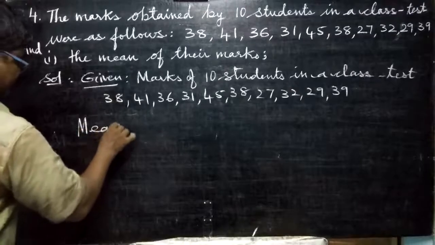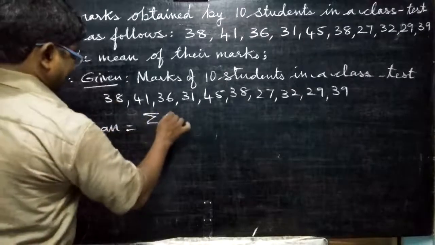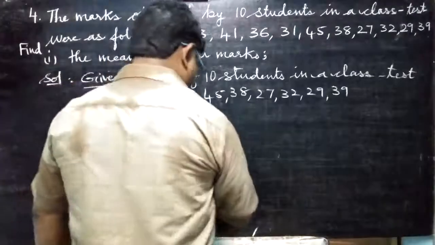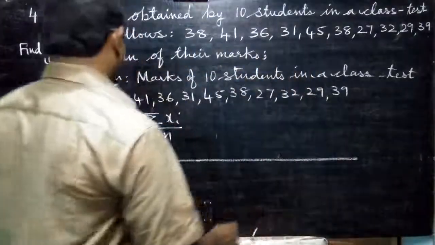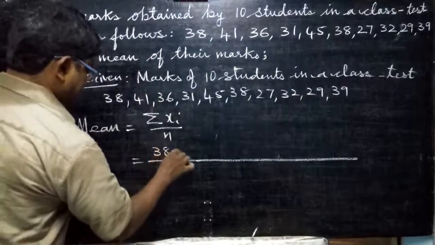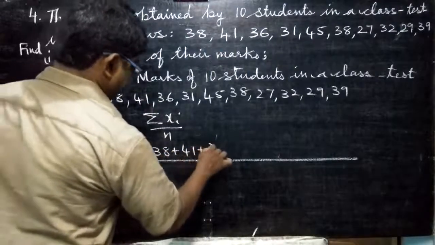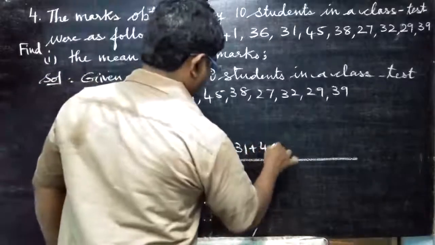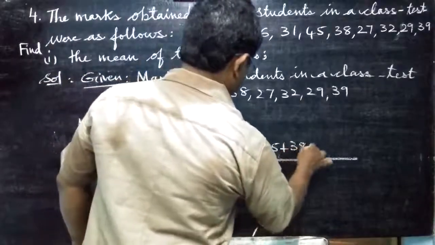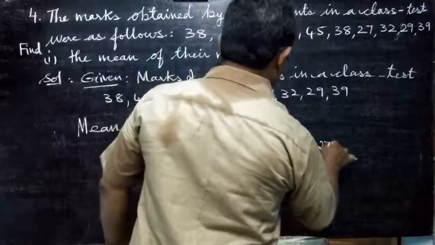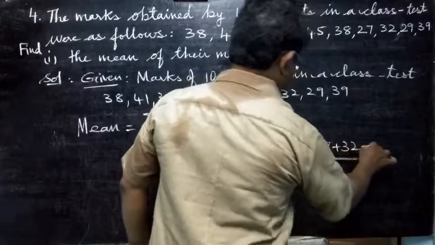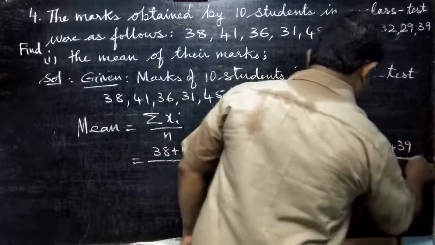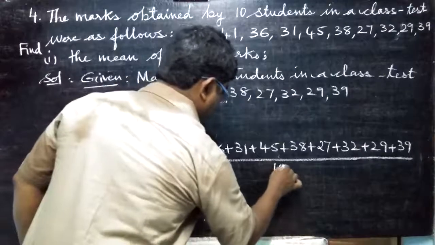Mean is equal to sigma xi by n. That is equal to, now you are going to add all the 10 students' marks, 38 plus 41 plus 36 plus 31 plus 45 plus 38 plus 27 plus 32 plus 29 plus 39 divided by 10 students.